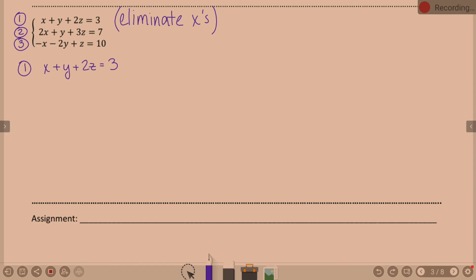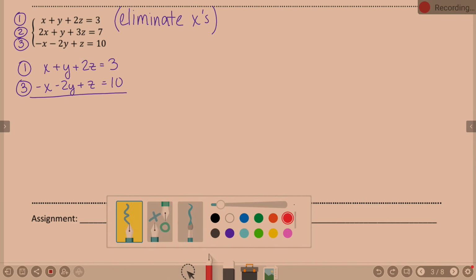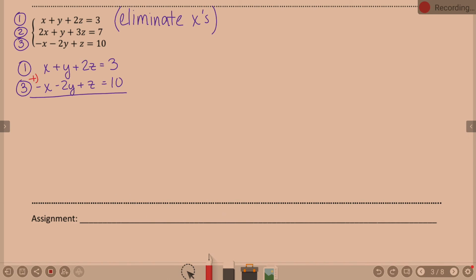Copy carefully. Equation 1 is x plus y plus 2z equals 3. And equation 3, negative x minus 2y plus z equals 10. X and negative x have opposite signs, so we're going to add. X plus negative x cancel.